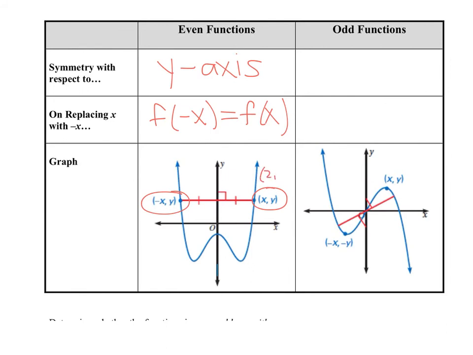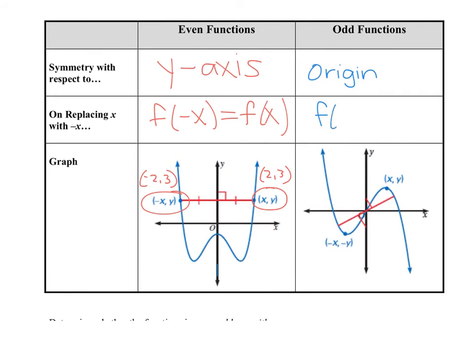So maybe this point is 2, 3. This one would be negative 2, 3. So even functions are symmetric about the y-axis, meaning the y-axis cuts them directly in half. Then there are the odd functions. The odd functions have symmetry with respect to the origin. On replacing x with negative x, we'd get the opposite y value.